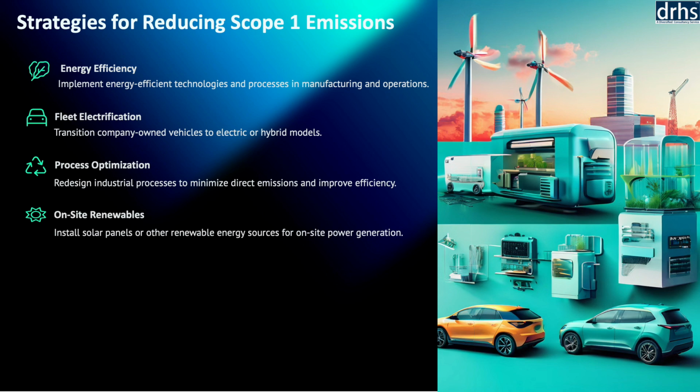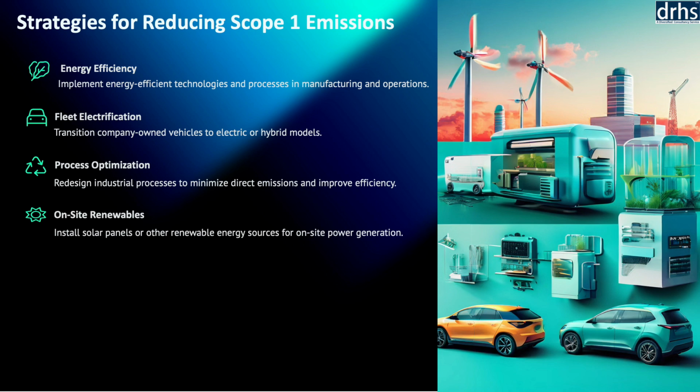The next is on-site renewables. Installing on-site renewable energy sources such as solar panels, wind turbines, or biomass generation can replace or supplement fossil fuel-based energy. This strategy directly reduces the need for stationary combustion of fossil fuels, thereby cutting scope 1 emission.